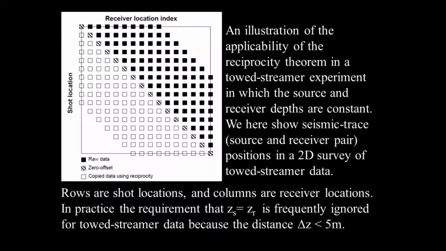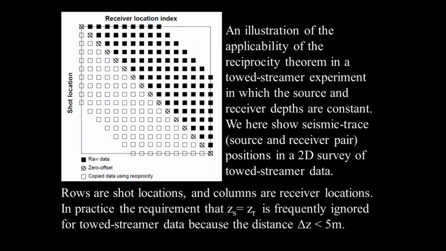An illustration of the applicability of the reciprocity theorem in a towed streamer experiment in which the source and receiver depths are constant. Here we show seismic trace, source and receiver pair positions in a 2D survey of towed streamer data. Rows are shot locations, and columns are receiver locations.